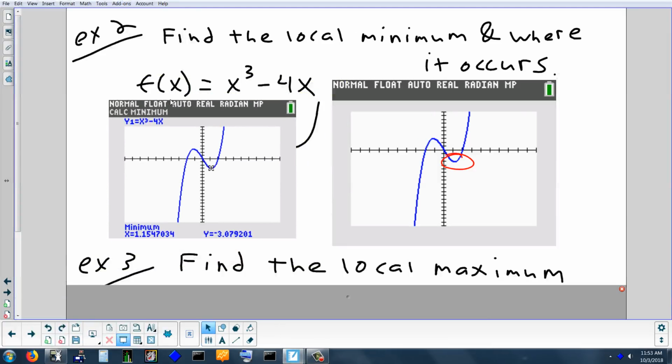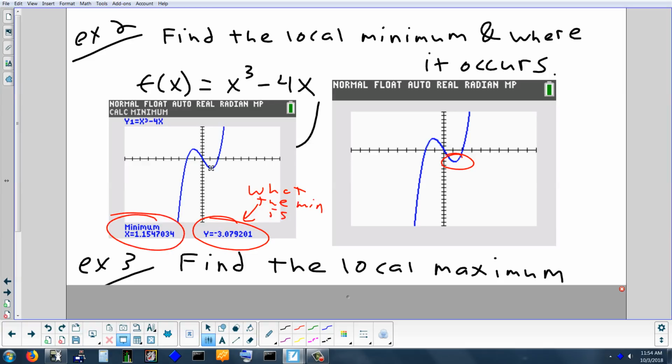So, what is the minimum? That's the y value. That's what the minimum is. It's the lowest y value it ever hits. So this is what the min is. The x value is where it is. That's the number that I would plug in.